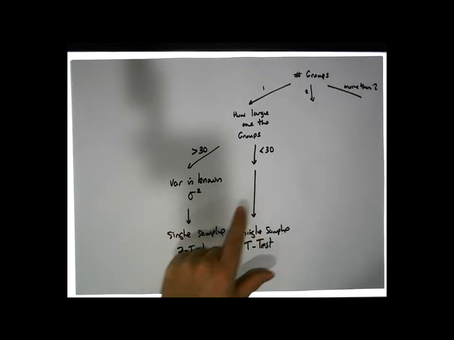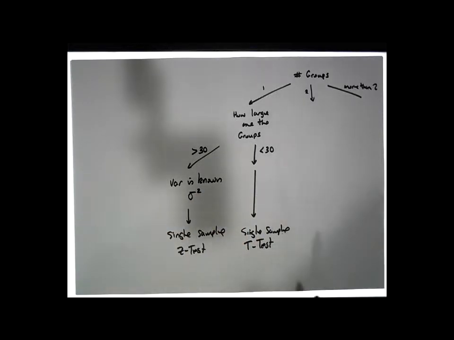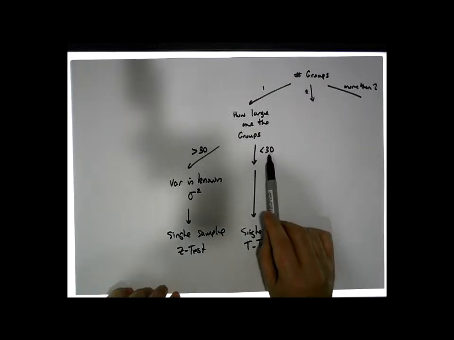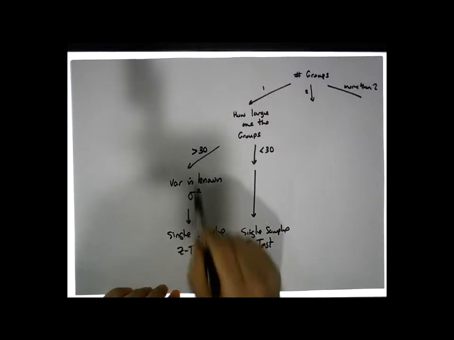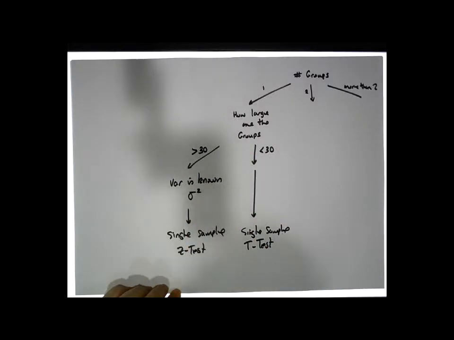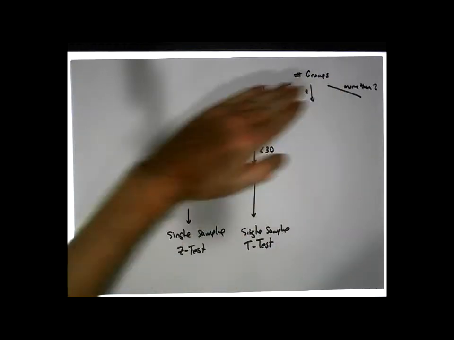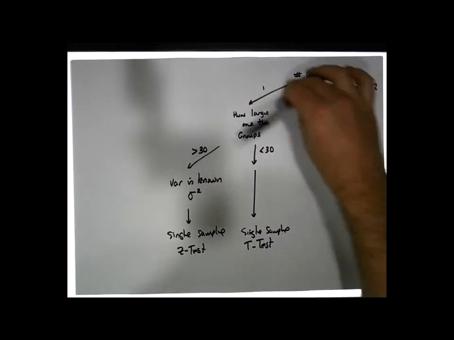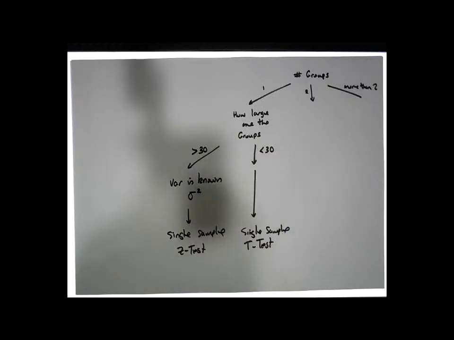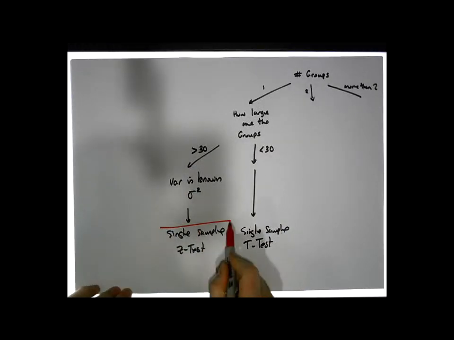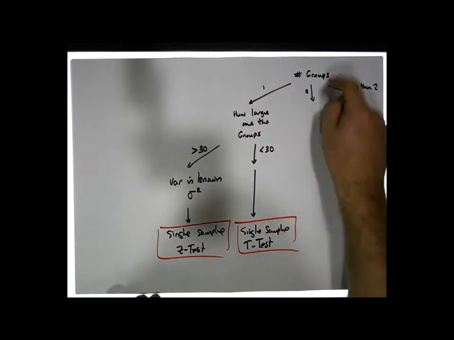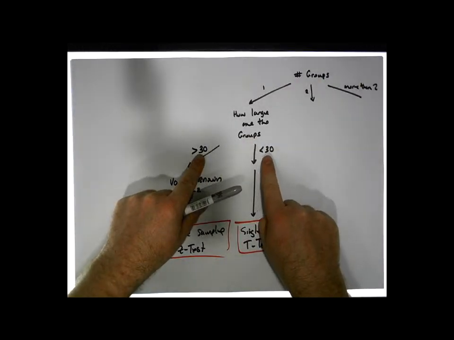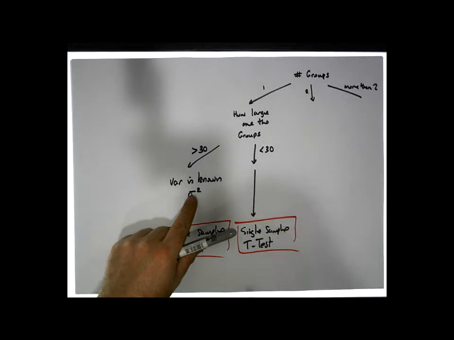If the variance is unknown but the sample is greater than 30, we can also rely upon the central limit theorem, and we can also go with a single sample Z test. But let's just demarcate that our journey is taking us to one of these outputs here: either a single sample Z test or a single sample t-test, depending on whether the samples are big or small, and whether the variance is known or not known.